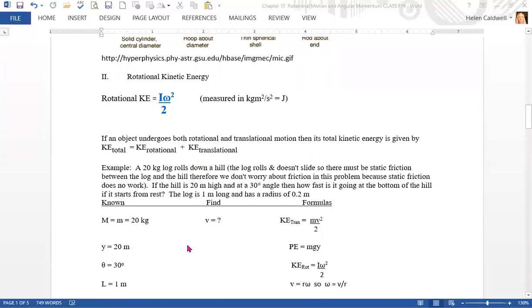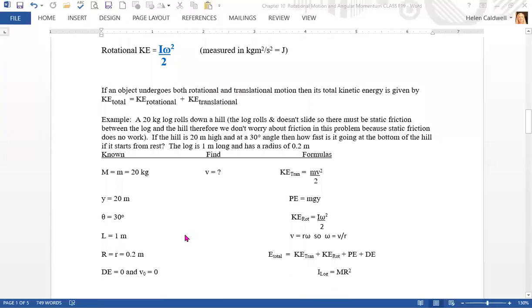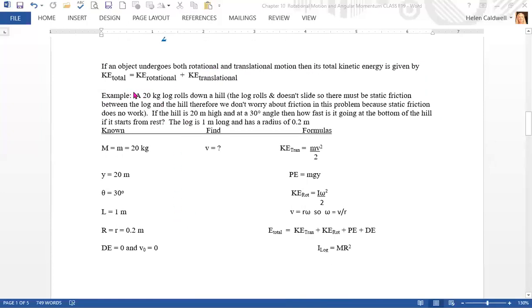And we have a little example worked out for you where we pretend we've got a 20-kilogram log and we're going to let it roll down a hill. And we know how high the hill is, so that's our y, how high above the ground. We know the angle, and what we want to find out is how fast it would be going at the bottom of the hill if we let it start from rest. We know the log is 1 meter long and we know its radius.